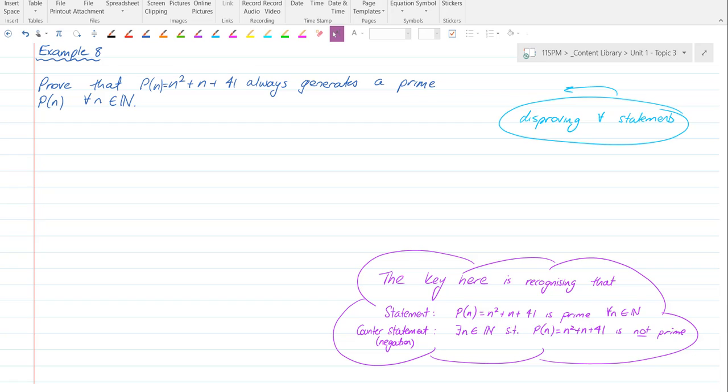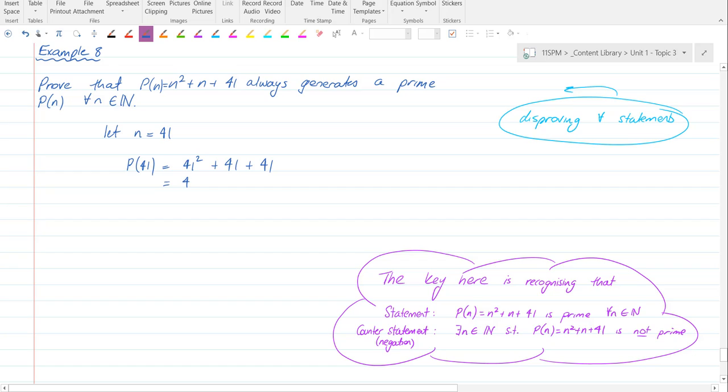41. Whoa. What if it was 41? You don't even have to evaluate it. Look at this. P of 41 is equal to 41 squared plus 41 plus 41, which equals 41 brackets 41 plus 1 plus 1, and that's a composite number.